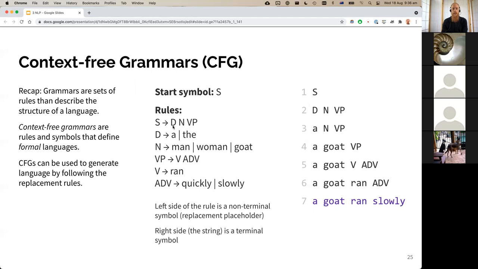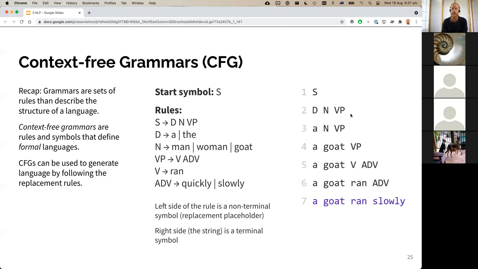A non-terminal symbol is something that can be replaced by another rule, and a terminal symbol is something that doesn't have another rule replacement. So that's a final state. Our S has a rule, so that's non-terminal. Our first activity is that we replace the S with the D N VP. So this comes over here.